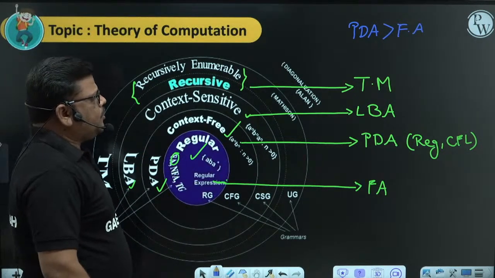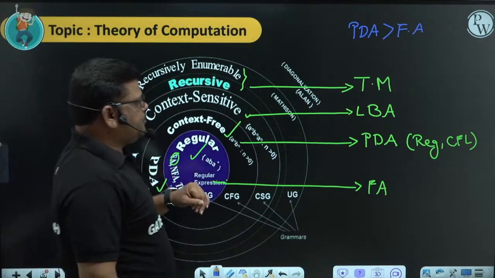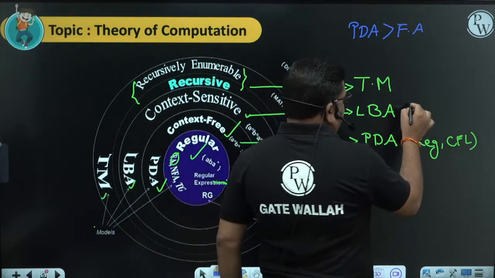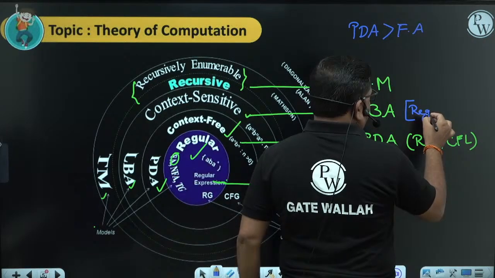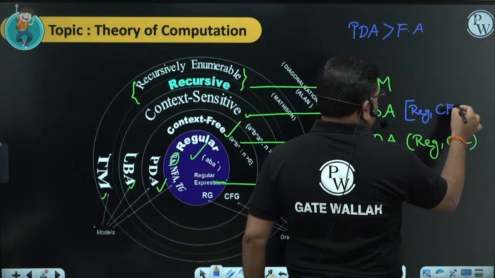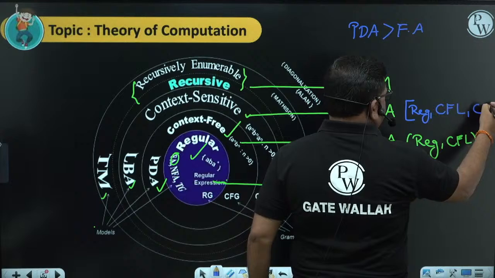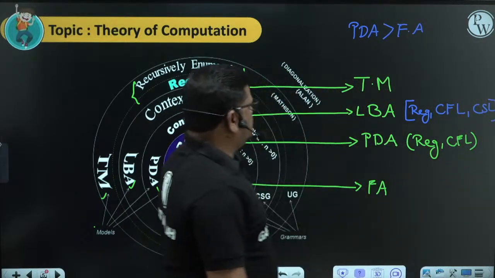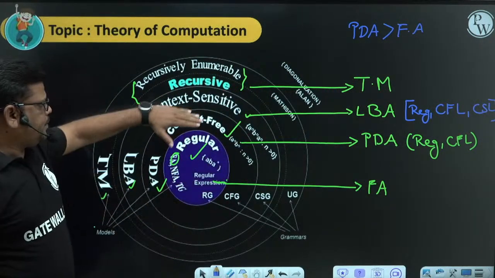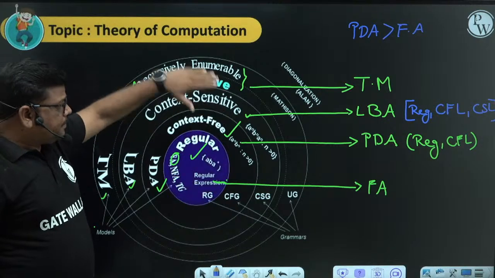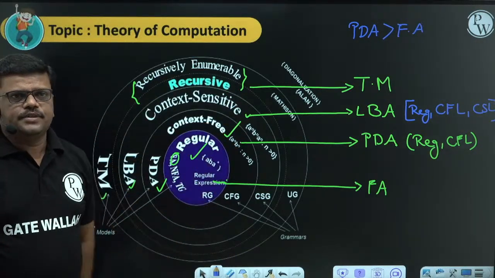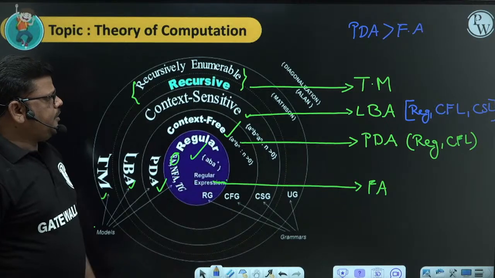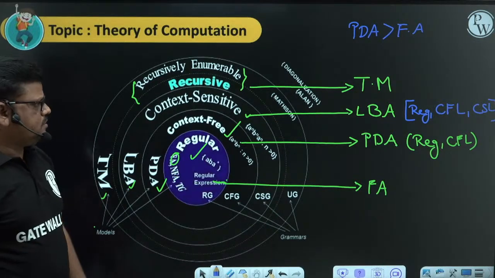Similarly, the languages accepted by LBA: LBA can accept regular, CFL, CSL, because it is a superset. If any automaton accepts the super language, the sub language it will accept very easily. That's why the languages accepted by LBA are regular, context free, context sensitive.